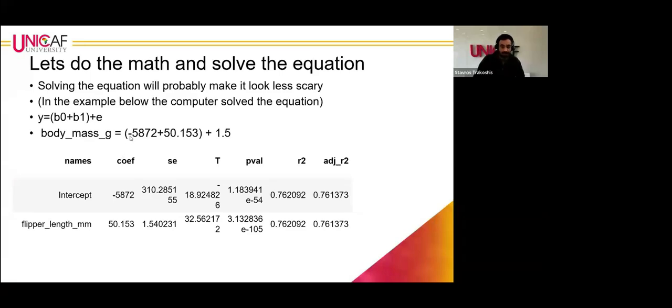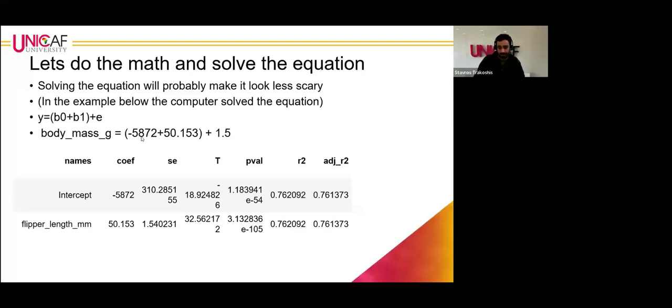Right, and for every millimeter of flipper length that I get, the body mass increases by this amount of grams.